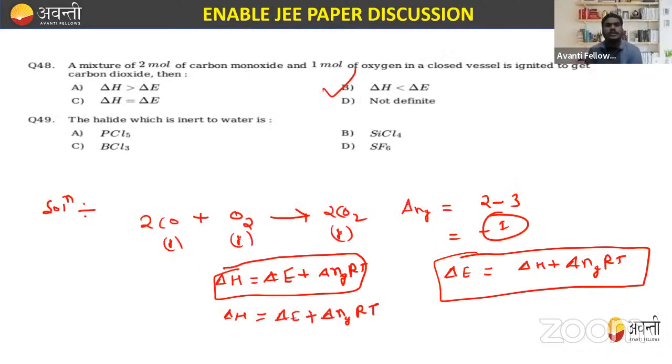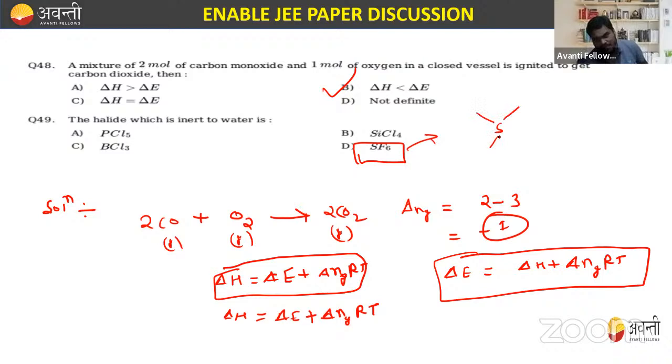Now, which halide is inert to the water out of PCl5, SiCl4, BCl3? This is a very famous question, and I hope you all read about this. That is SF6. Why?